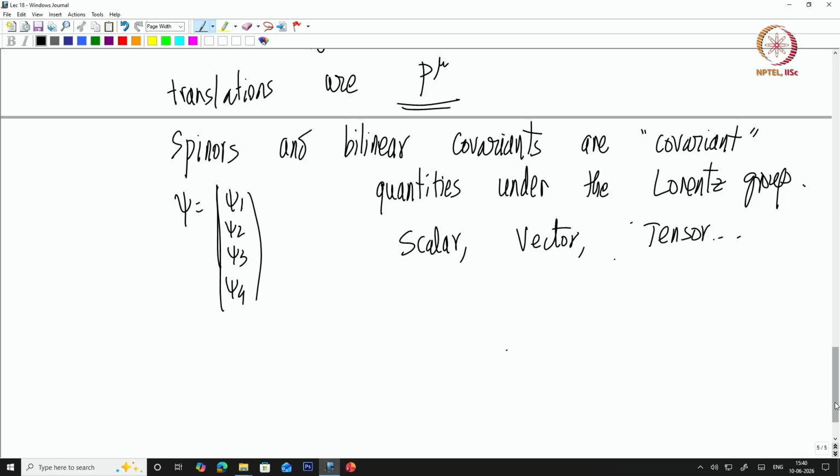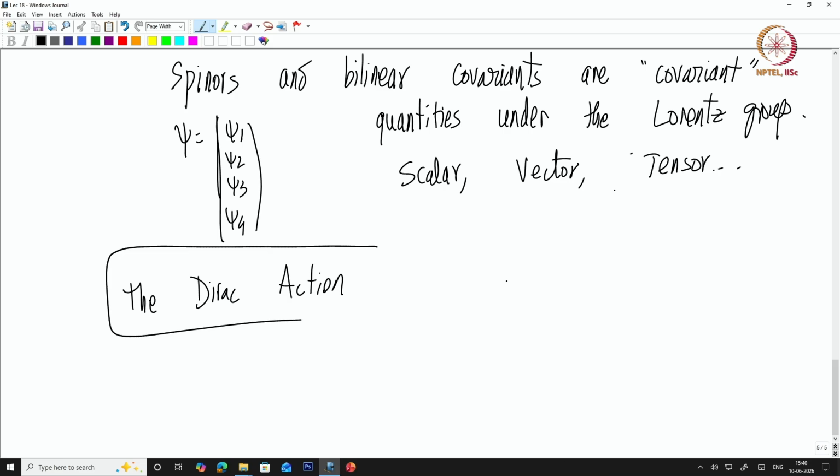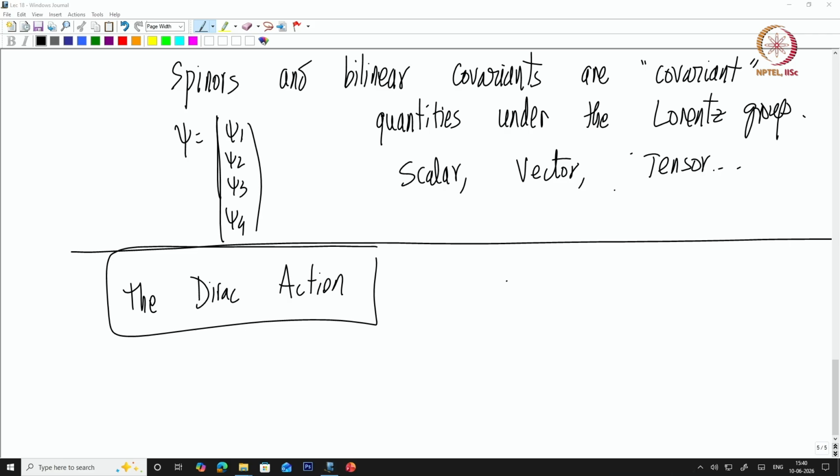So, given this, I want to write the action, the Dirac action. I am already calling it the Dirac action. How will you write it from these particles, which are the Clifford algebra representation of the Lorentz group? The Dirac action or the Lagrangian is nothing but the action, which should always be real.